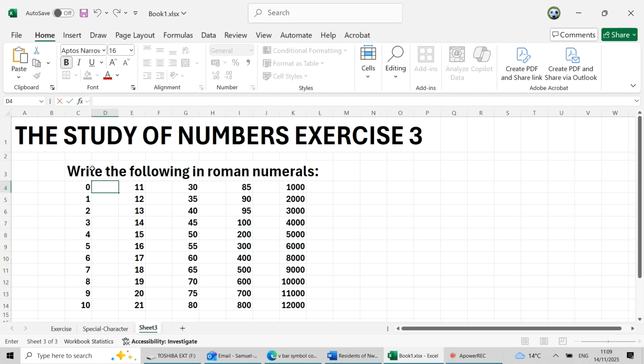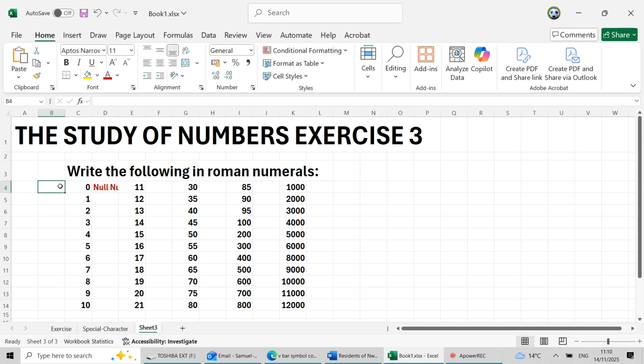We know that 0 in Roman numerals does not exist, so you just write null, or nulla. Nulla means nothing. It doesn't exist. But if you are to represent this in computer format, normally in programming we write it as null.